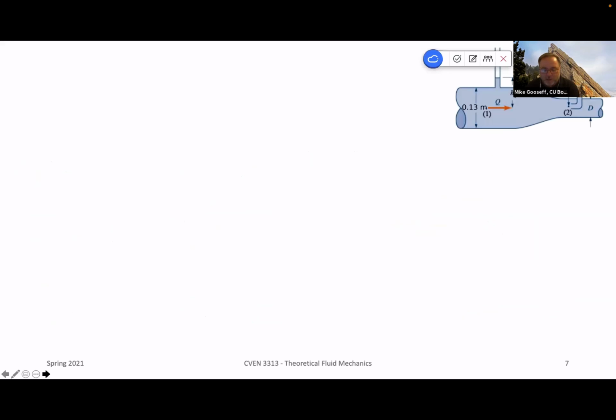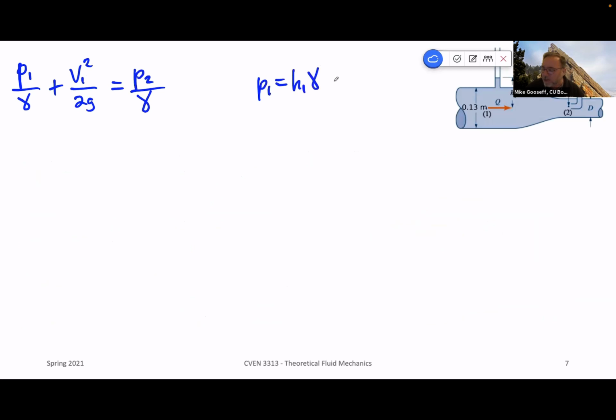So we started with, I'm just going to rewrite the Bernoulli simplified version here, P1 over gamma plus V1 squared over 2G is equal to P2 over gamma. And we said that P1 was equal to H1 gamma, and P2 is equal to H2 times gamma.